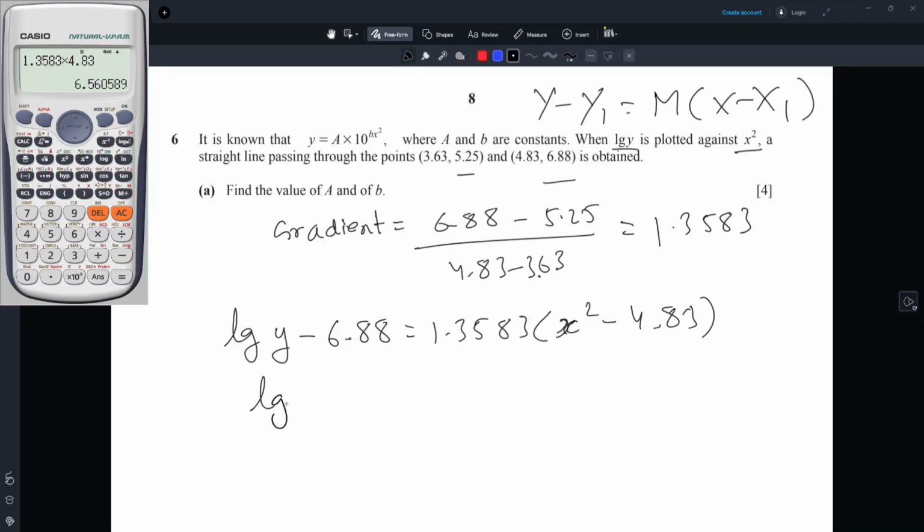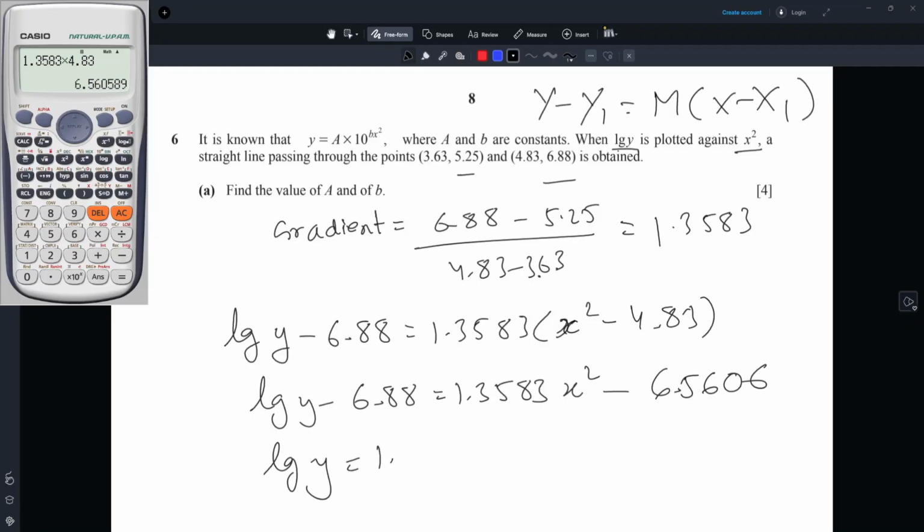We get LGY minus 6.88 equals 1.3583 x squared minus 6.5606. Then we have LGY equals 1.3583 x squared. Actually, I'm going to write this down as 1.36 x squared minus 6.5606 minus 6.88. We get 0.3194.